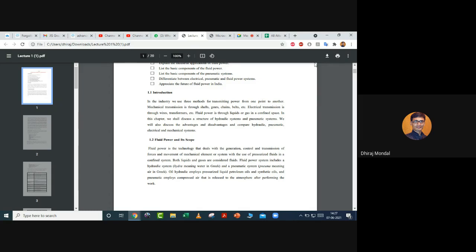What happens in case of the crane? In the crane you will see that the pressurized fluid is basically allowed to flow through a confined space, and as a result we are getting some work output.